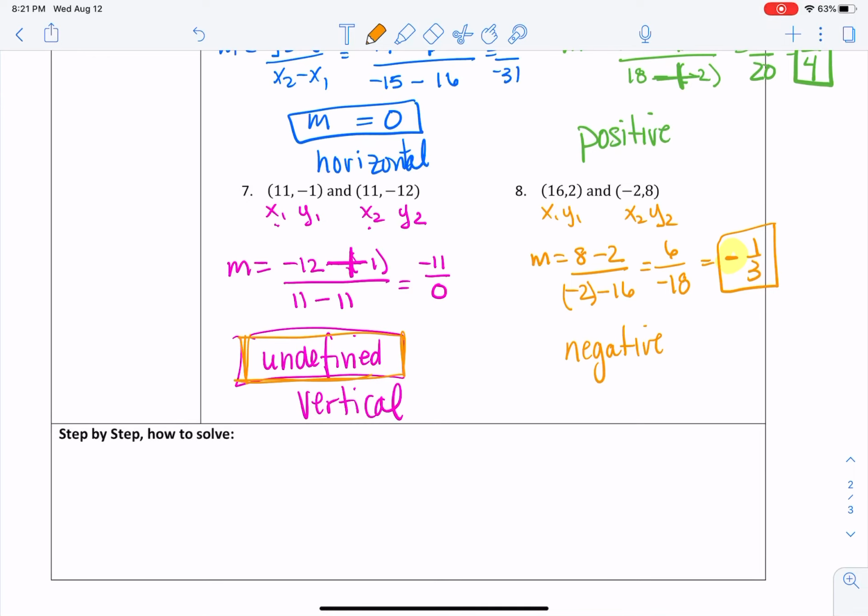So if you were to write the steps on how to solve for slope given 2 points, what's the first thing that we did? We labeled the coordinates.